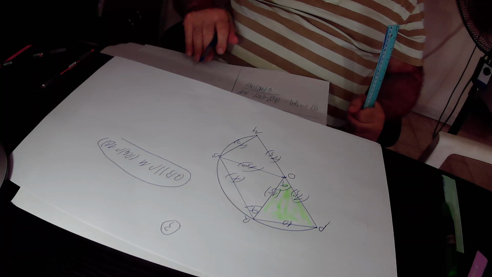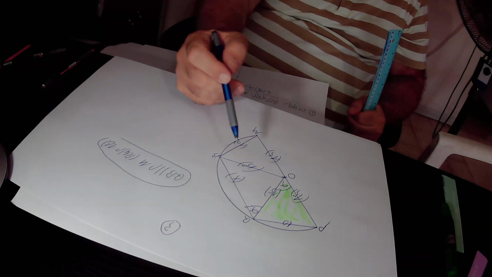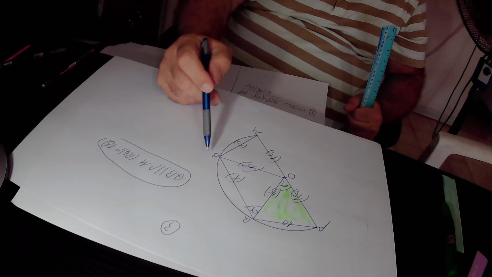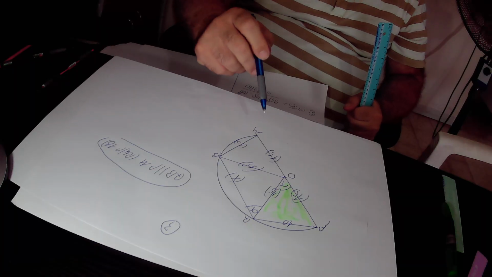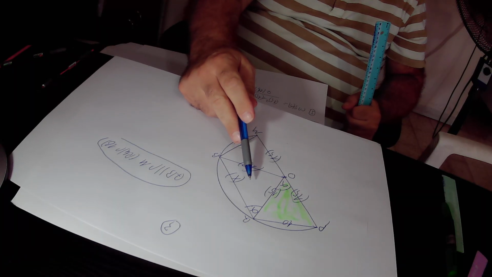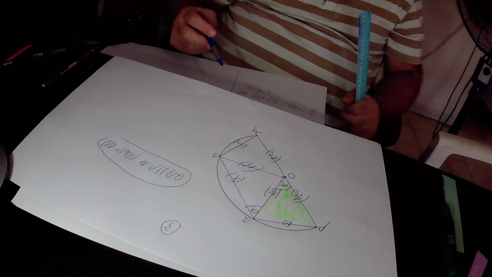In the next step, I'll copy this triangle QOB in the new page. In this page, we implement the law of cosines in this triangle QOB.